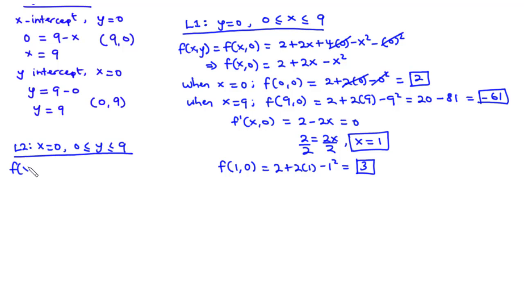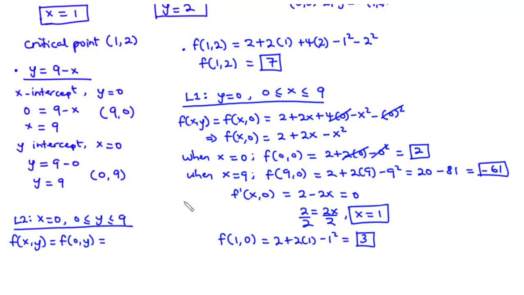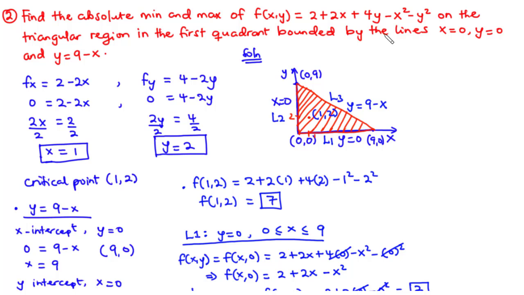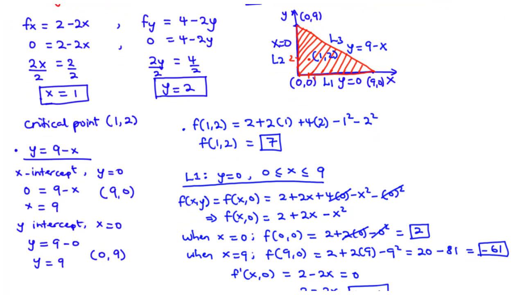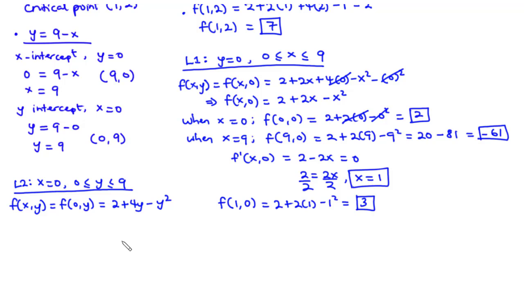So we have f(x, y) equal to f(0, y), and that's equal to the function 2 plus 2 times 0, which is 0, plus 4y, minus x squared, so minus 0 squared, that is 0, minus y squared. So this is f(0, y).